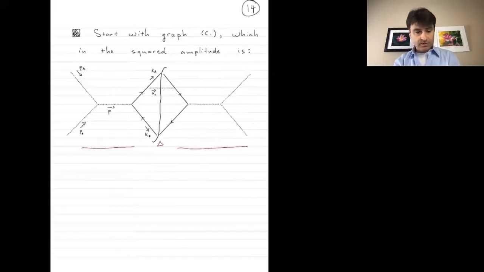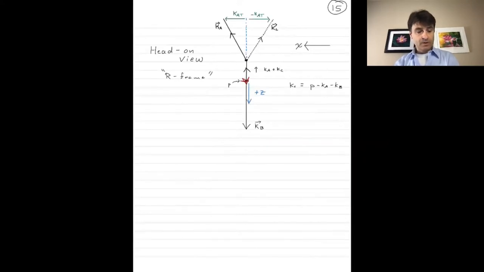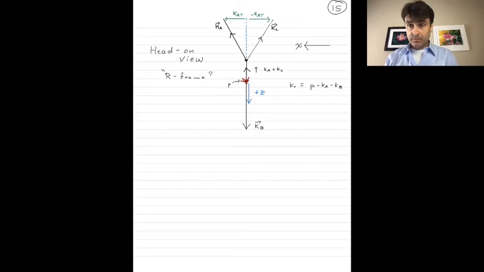So first, let's look at the coordinate system. What I'm going to do is basically rotate the coordinate system, so I might call it the R frame for rotated frame, so that the Z axis is lying right along the direction of the B particle. Okay, so that'll simplify things because that means the B particle has no transverse components in this coordinate system.